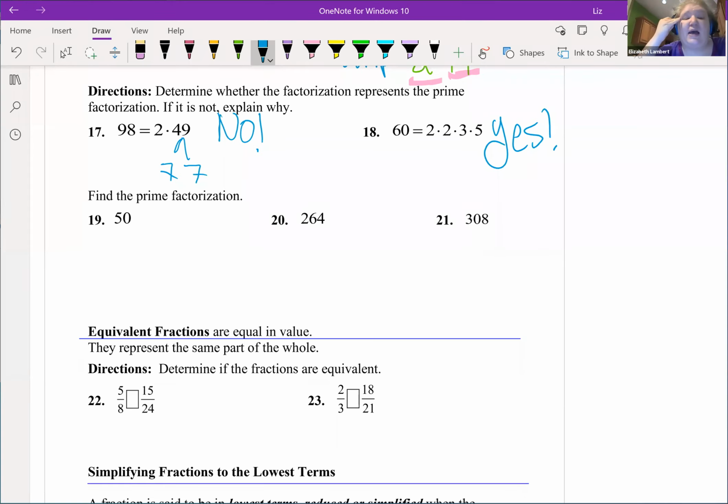I could take different steps, but any which way I did the breakdown of 60, this is my answer if I arranged it smallest to largest. There is no other set of numbers that are all prime that will multiply to 60. That's one of the reasons why we like the prime factorization, because it's kind of like the number's unique thumbprint. You can't change it. That 2 times 2 times 3 times 5 belongs to 60, doesn't belong to anyone else.